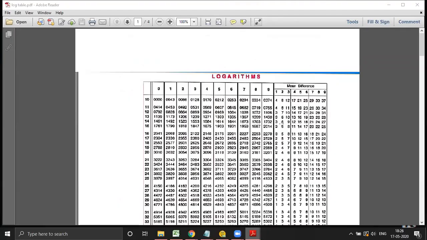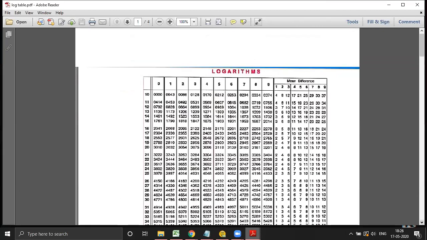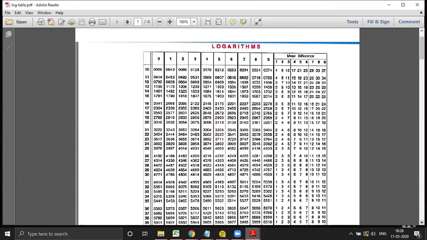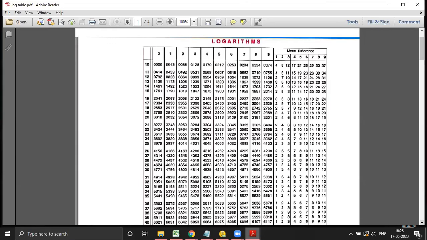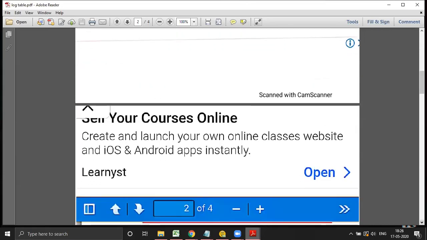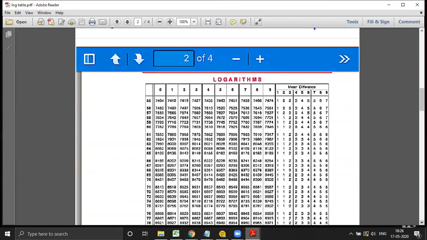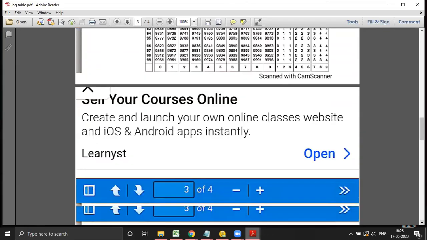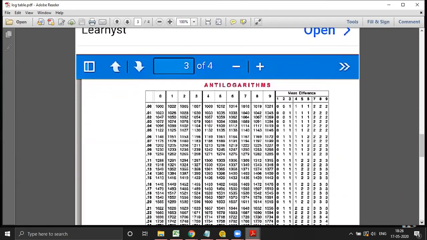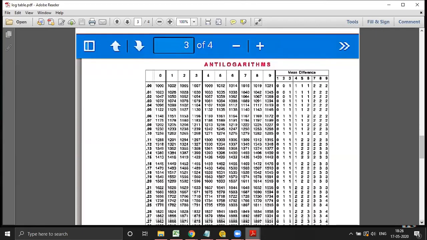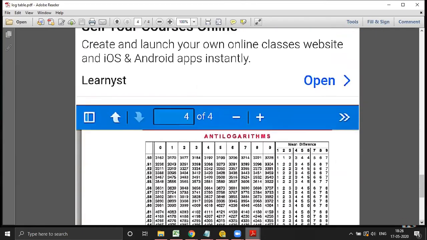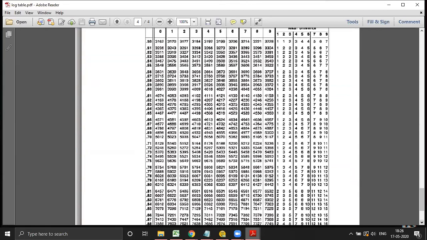Here is the screen in front of you. There are 4 pages. You can see the heading logarithms written. There are 2 pages of logarithm. This is page 1, this is page 2 of logarithm. Then you have the next 2 pages with the heading anti-logarithms. This is page 3 and this is page 4. So this is how your log table will look.